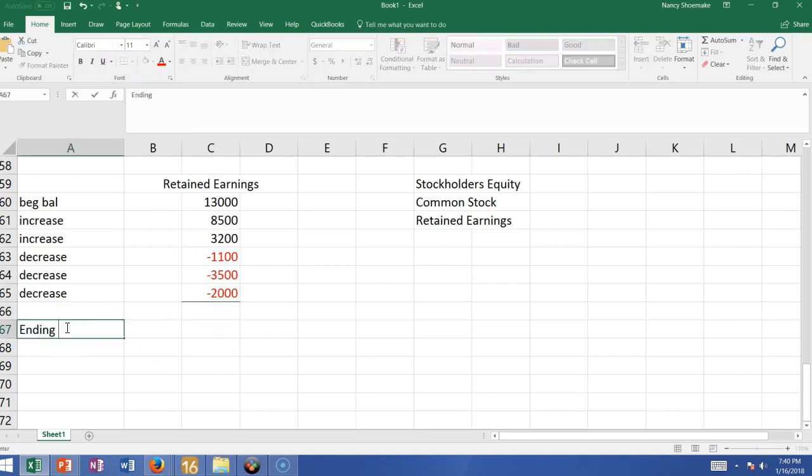Ending balance, retained earnings. Do you guys have that? So what this exercise is trying to teach us is which of these transactions ultimately affect retained earnings. Okay?